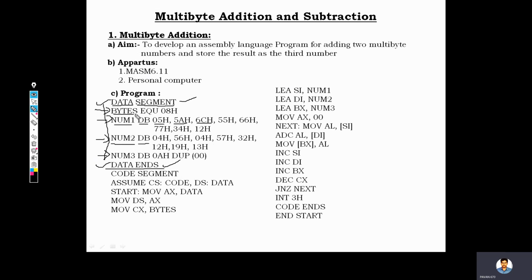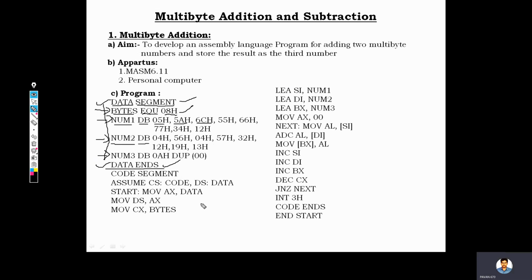So that's why the statement bytes EQU 08H is provided. This EQU is an assembler directive, and its meaning is equate. Whenever this statement is provided, it means that bytes is a variable that is assigned the value 08H.